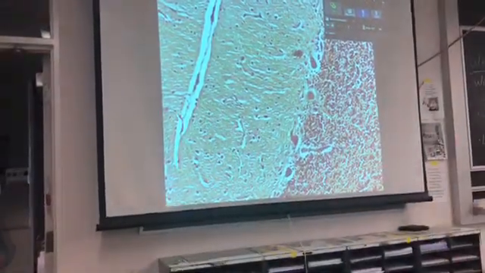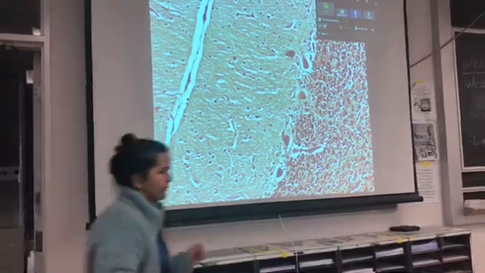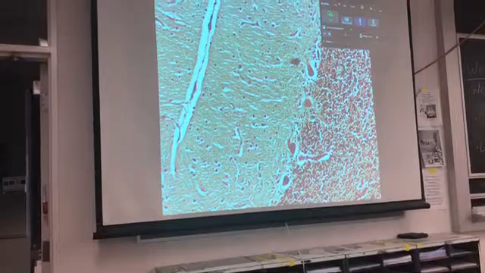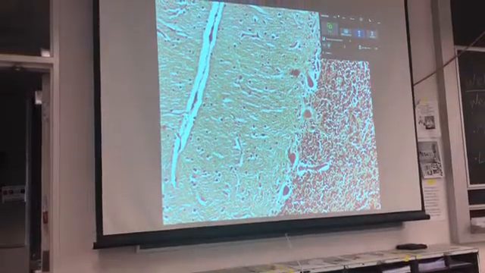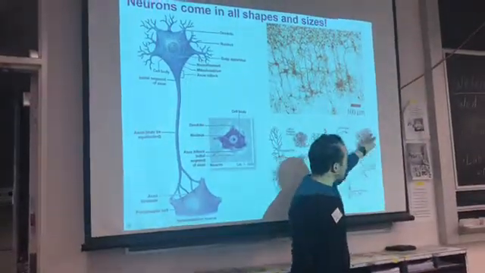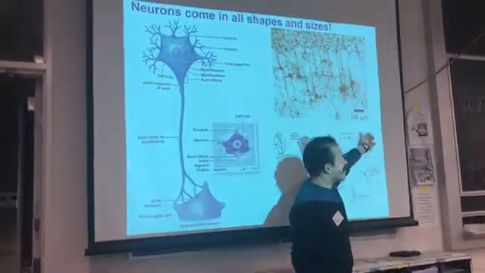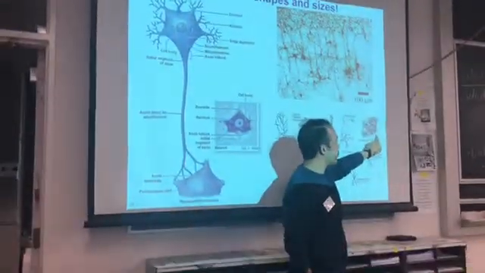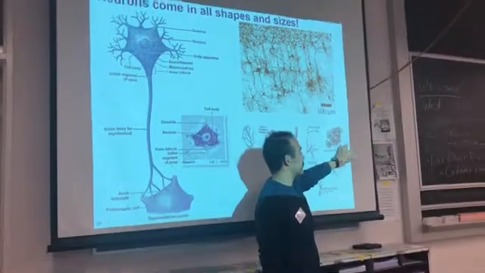Let me show you a more clear picture of what it would look like if you could see the whole thing. Here, cell body, dendrites. So if you could parse out one cell, this is what it would look like. Cell body, axon, you can't really see it, but it's there somewhere.